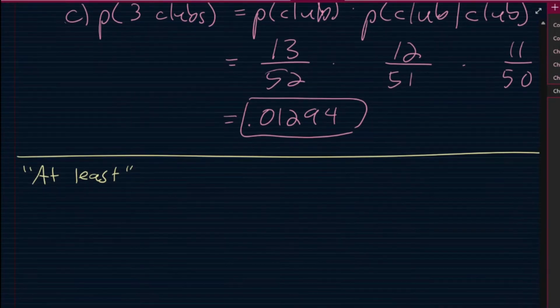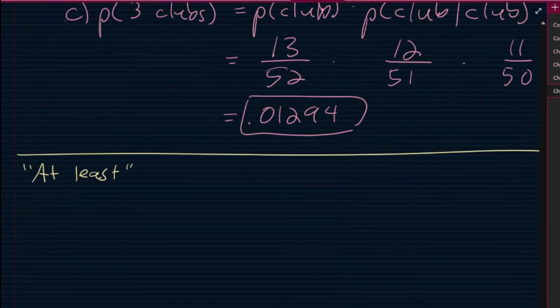And when you see the key phrase of at least, you want to use what's called a complement formula. It involves complements. But I could use the word not as well.